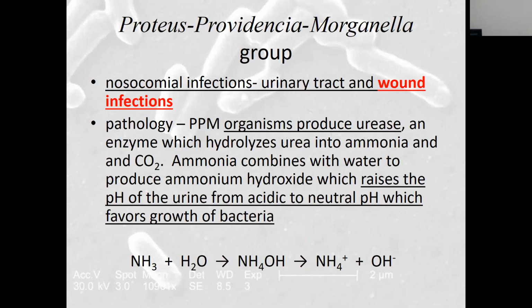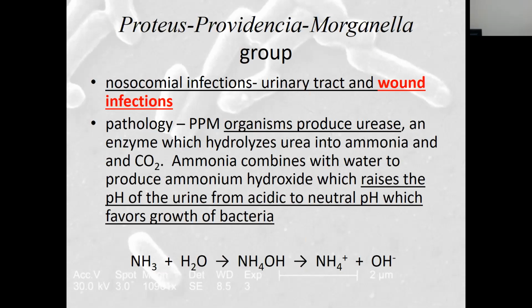It raises the pH of the urine from acidic to neutral, which favors who? The bacteria. So this, to be a UTI, makes sense because, why? It actually changes the pH of the urine. So urine is acidic, right? It knocks out the growth of bacteria. They don't like to grow in an acidic environment. Well, this one's figured out how to change that environment.